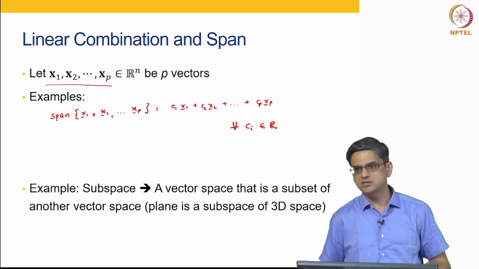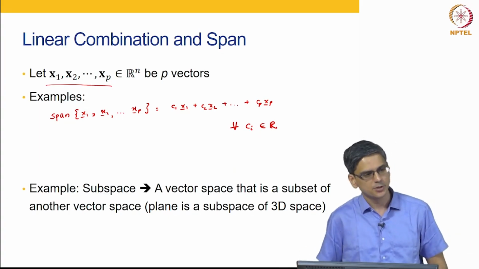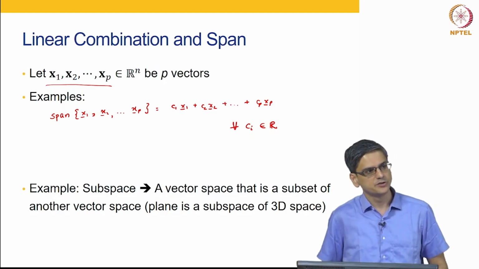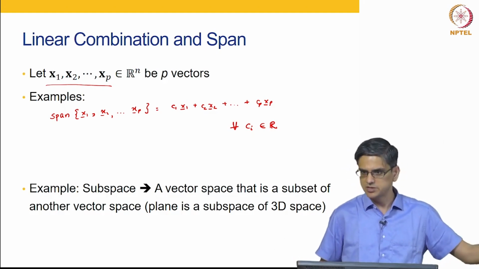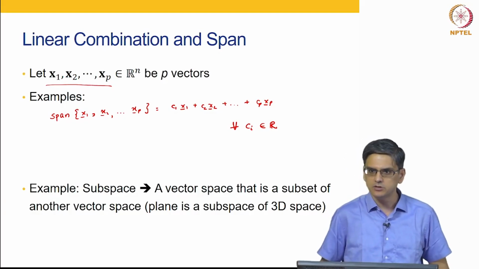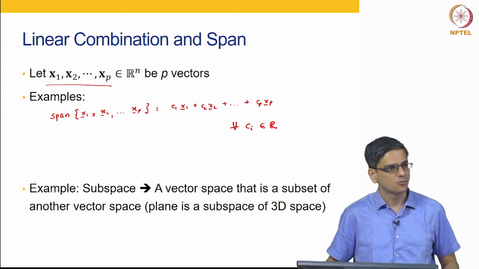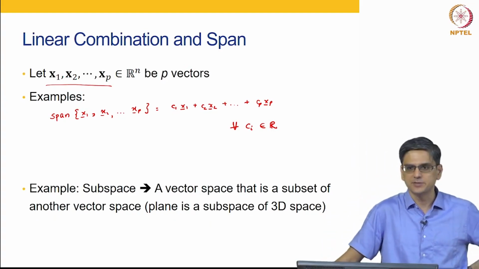So larger size problems, how to tackle them we will see. Smaller size problems, all you need to do is, in the previous slide the examples that we took, multiply C1 x1 plus C2 x2 and see what all you can get with that particular multiplication.